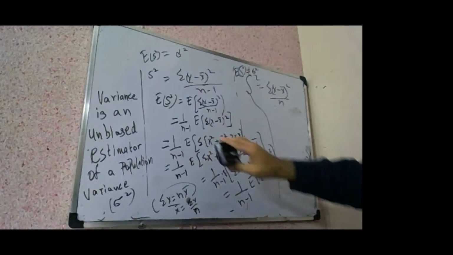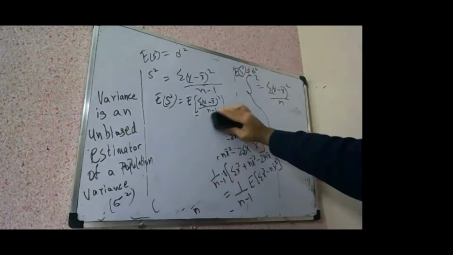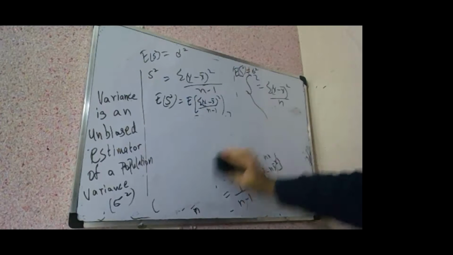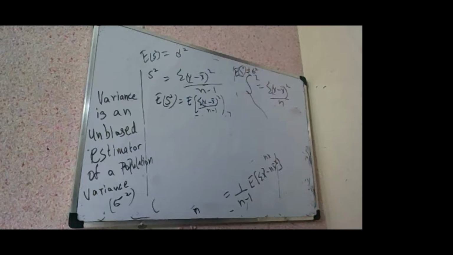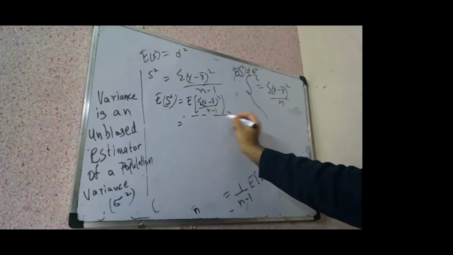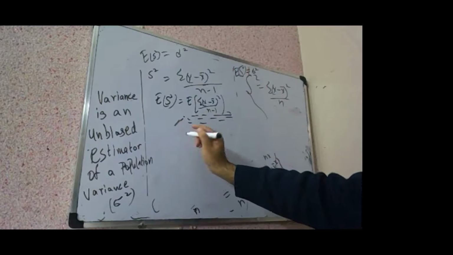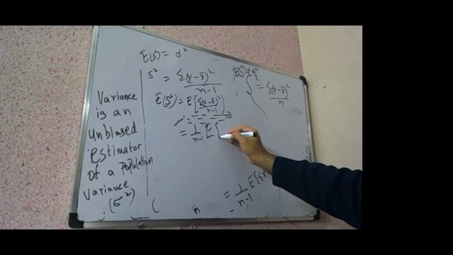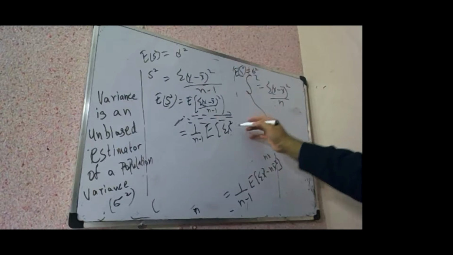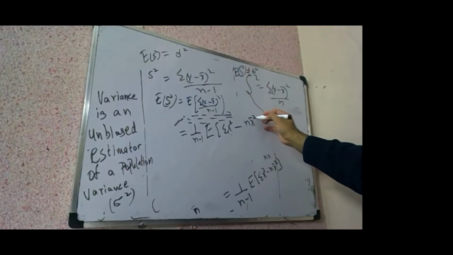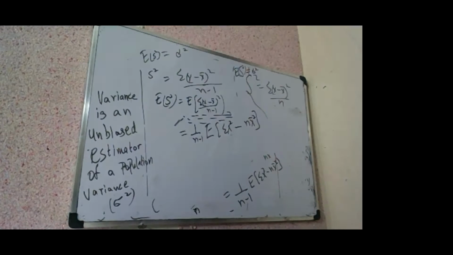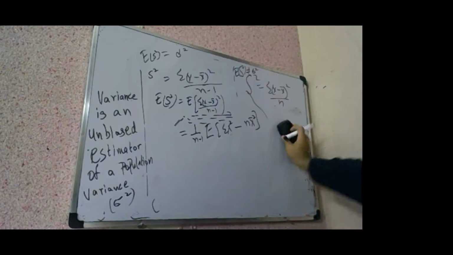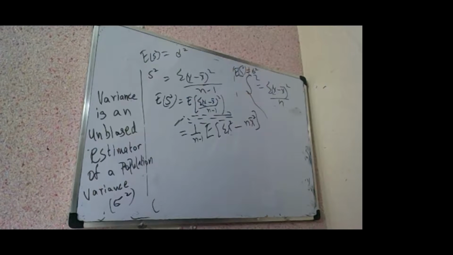Right? So just to get the space here, so I can write this one. I solved here, then I get to this one, 1 upon n minus 1 times the expected value of the sum of x here minus n x bar. Right? This you got. Now, apply the expectation here.